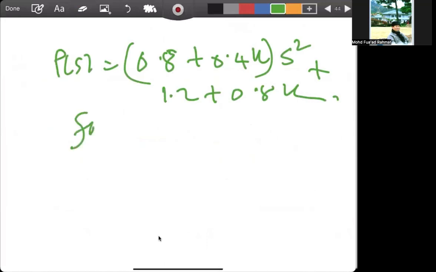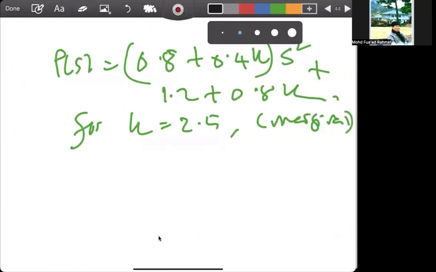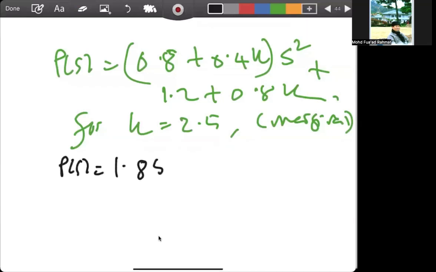Okay, for K equal to 2.5, this is marginal. So PS equals 1.8 S square plus 3.2 equal to 0.